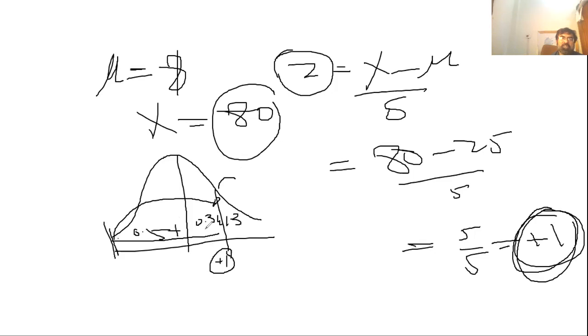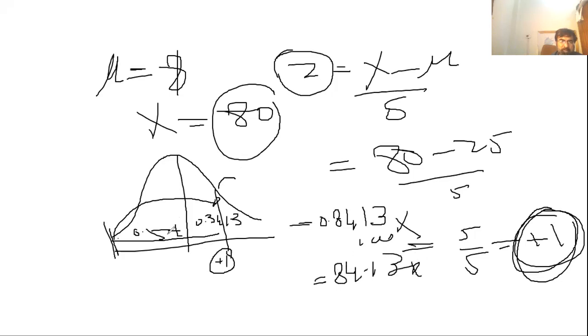When you add up these two areas, that will become 0.8413. If you multiply this with 100, you will get 84.13%.